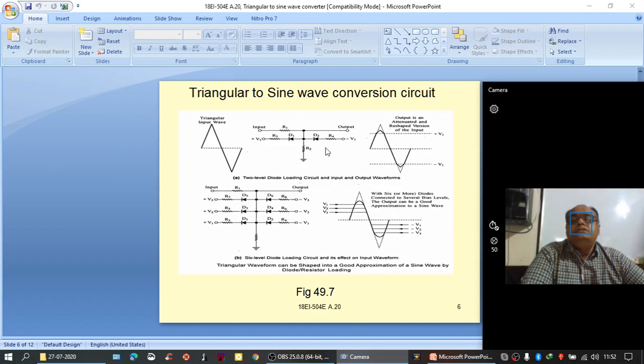When diode D2 starts conducting, then the output voltage would be clipped to minus V1. So during the positive half cycle, the output voltage is clipped to V1. During the negative half cycle, the output voltage is clipped to minus V1.